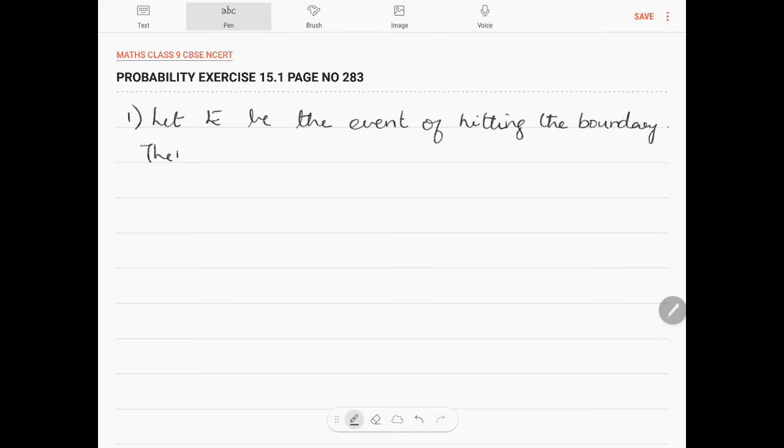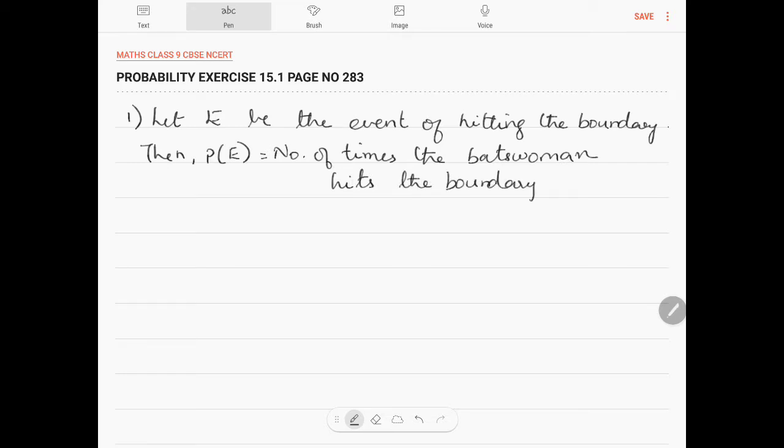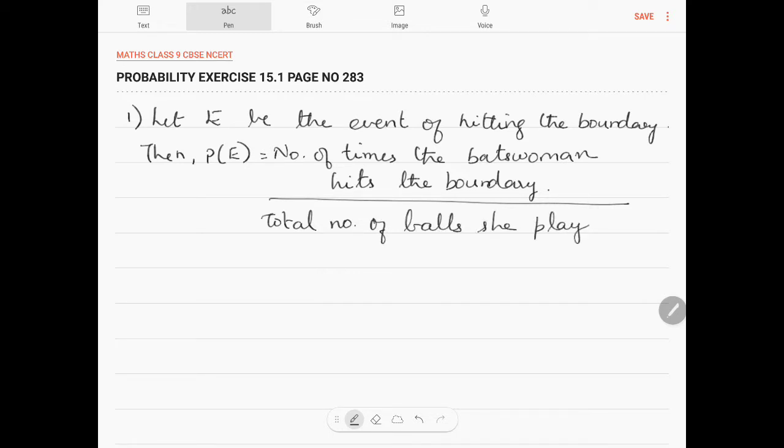Then P of E will be equal to the number of times the batswoman hits the boundary divided by the total number of balls she plays, which is equal to 6 divided by 30. It is equal to 1 by 5 or 0.2.